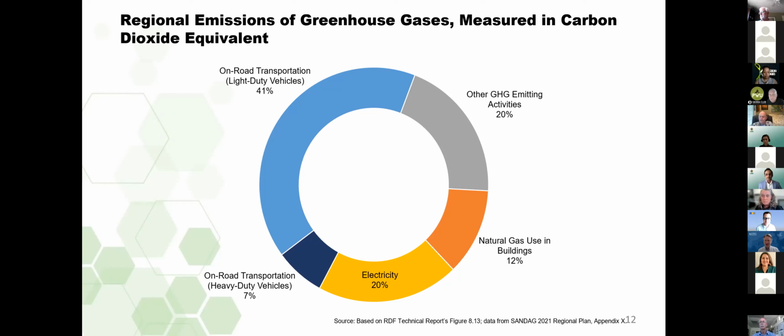Sure. Hey, Bob. Thanks for the question. There's an other category here because this particular technical report focused on decarbonizing the electric supply, transportation, and buildings. And so your question about natural gas use in the technical report is, as Emily mentioned in the chat, covered in the building decarbonization piece.